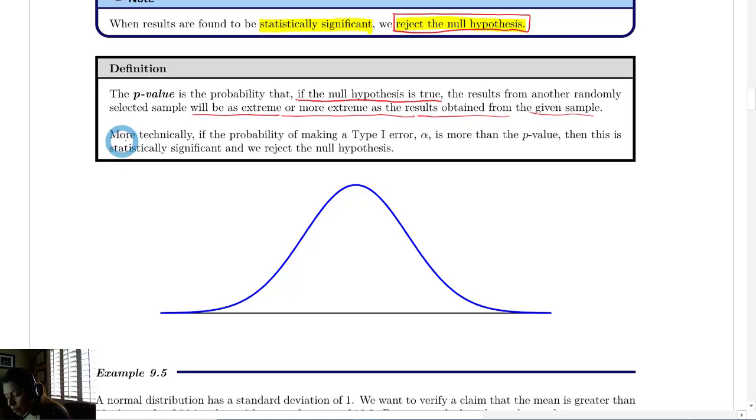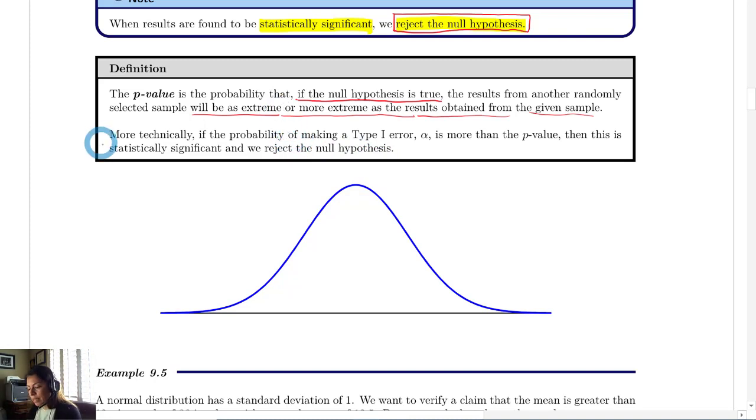Going into more technical terms, if the probability of making a type 1 error is more than the p-value, then this is statistically significant and we reject the null hypothesis. Technically, we're going to get numbers and math, right?